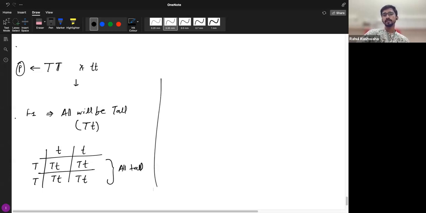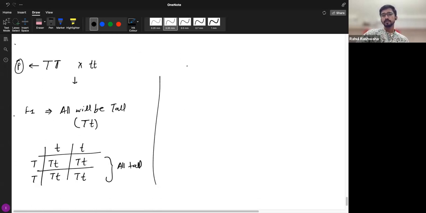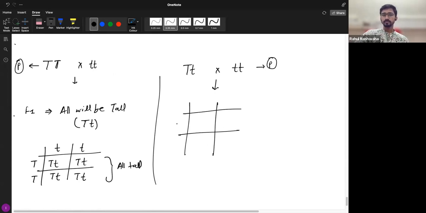On the other hand, if you have this one, capital T and small t, so this is also tall, but when you will cross it with a short plant, and if this is the parent generation, you see that in F1, let's draw a Punnett square here. So capital T and small t from this parent and small t from this parent.